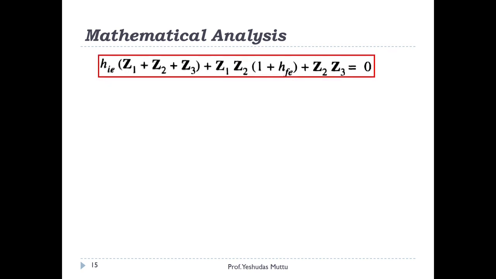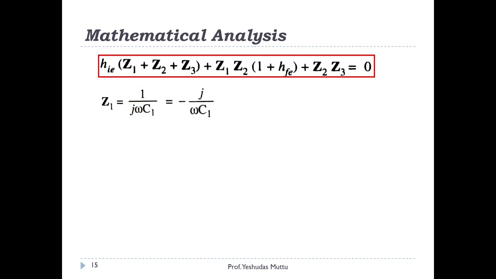Now, we'll have to take the general equation which we had derived for the LC oscillator. This was the expression we had derived in the previous slides. I'm going to take that particular expression now and substitute Z1, Z2 and Z3. For Z1, I'll just rearrange this and take the j on top.